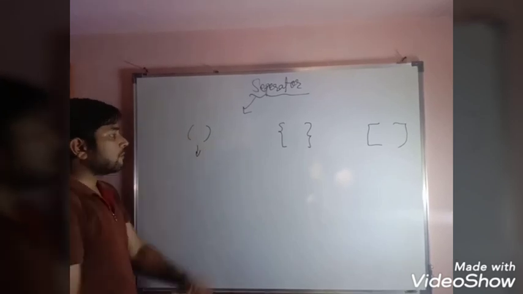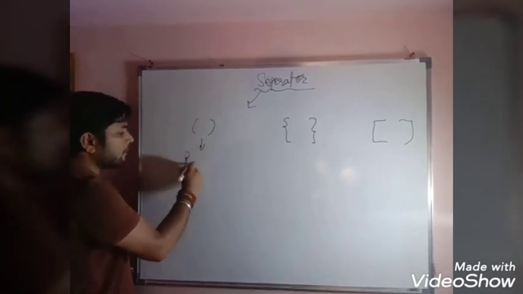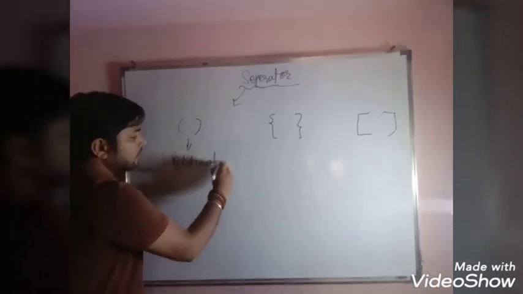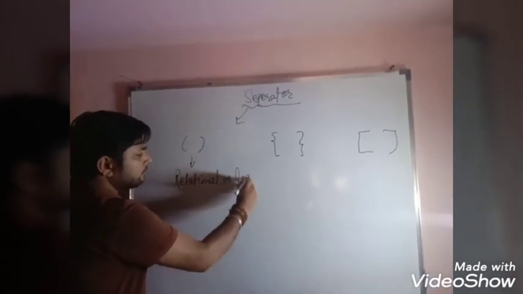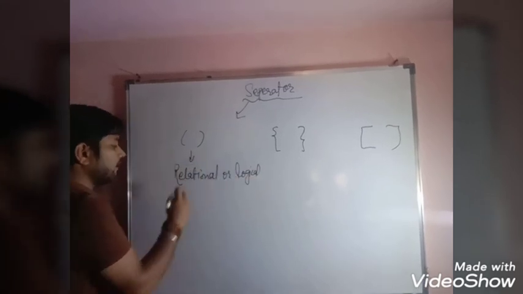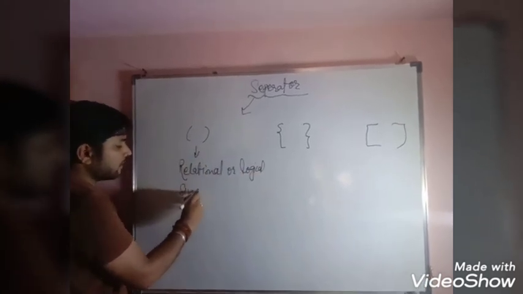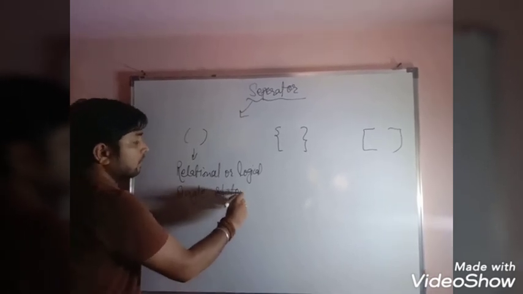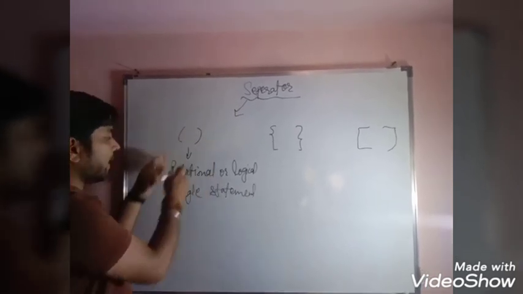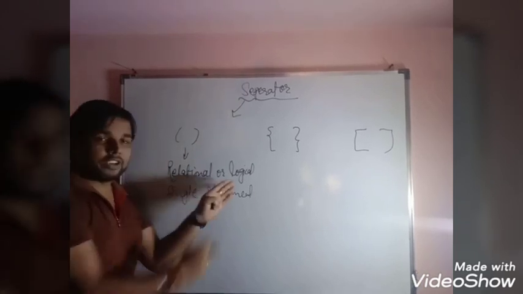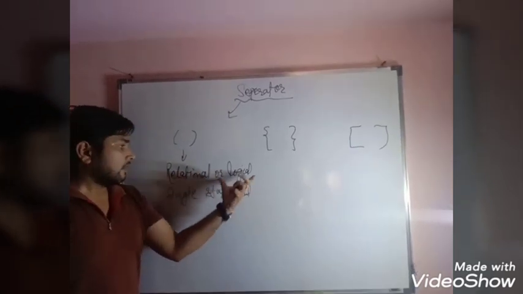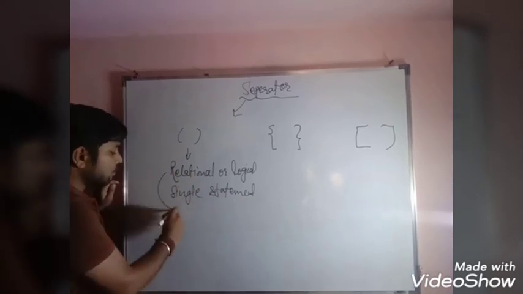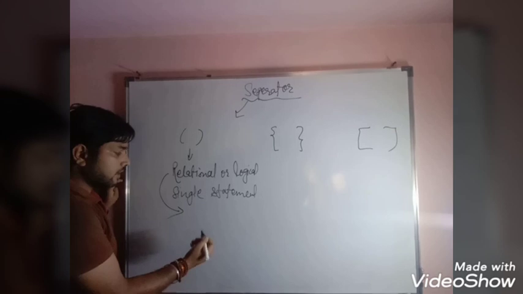So first, normal bracket. Normal bracket is used to separate relational or logical statement, and it is also used to separate single statement. Okay, what is the use of normal bracket? This is used to separate relational or logical statement, or to separate single statement.